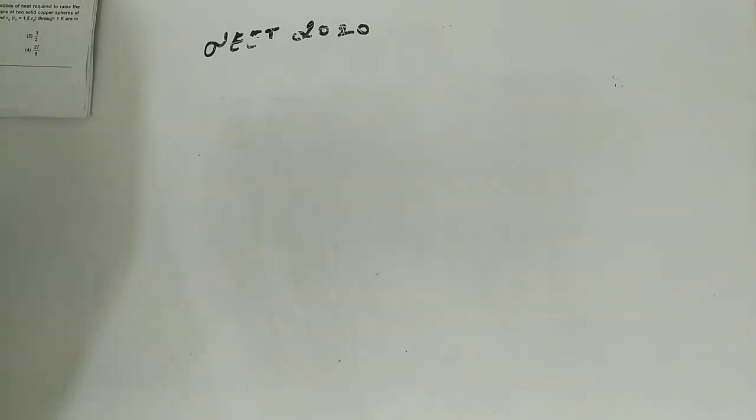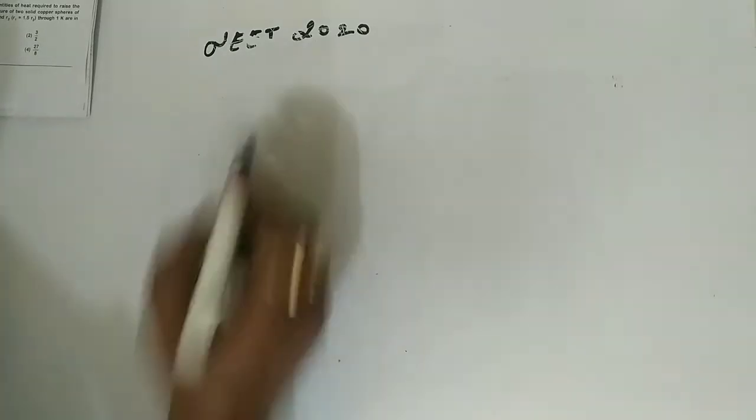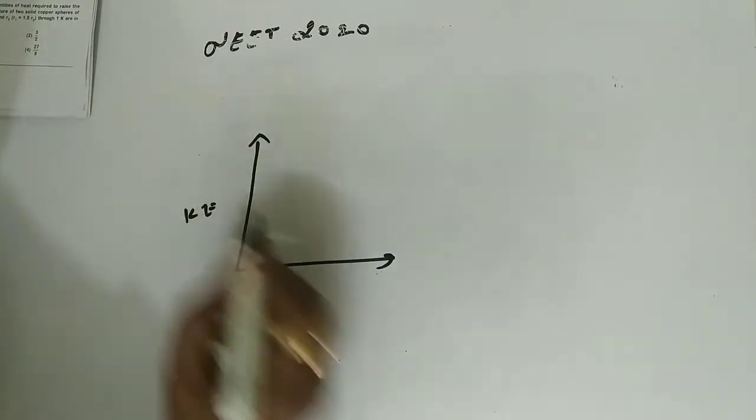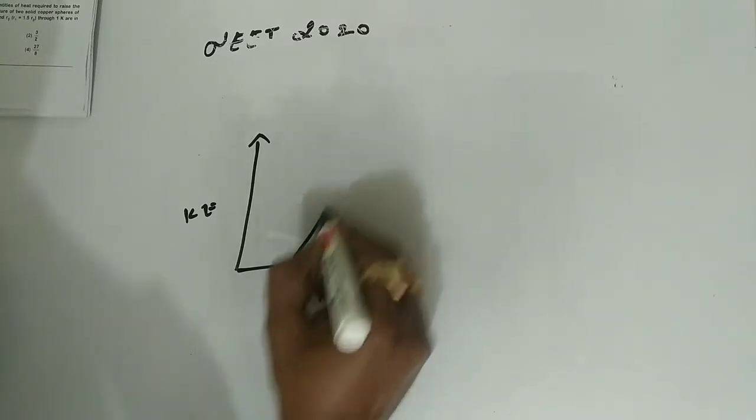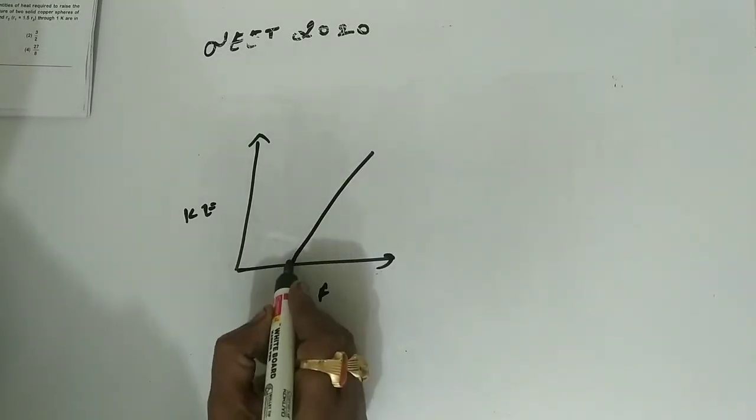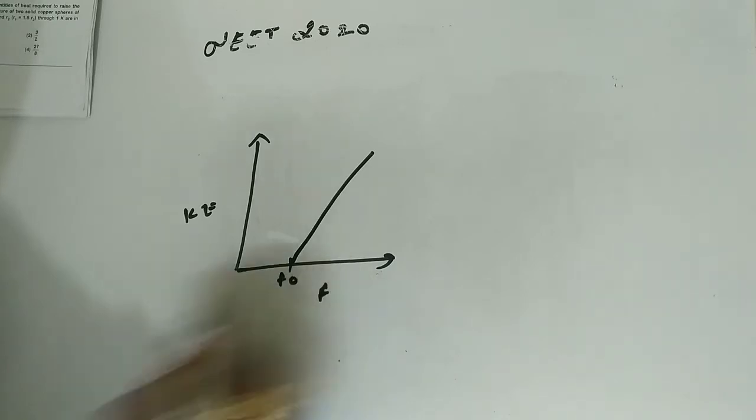When the electrons are ejected, they gain a kinetic energy. Kinetic energy and frequency are directly proportional. It is independent of what? Incident intensity. So, when you go for the graphical representation of kinetic energy and frequency, the minimum frequency which is responsible to remove the electron from the surface of the conductor is called threshold frequency.